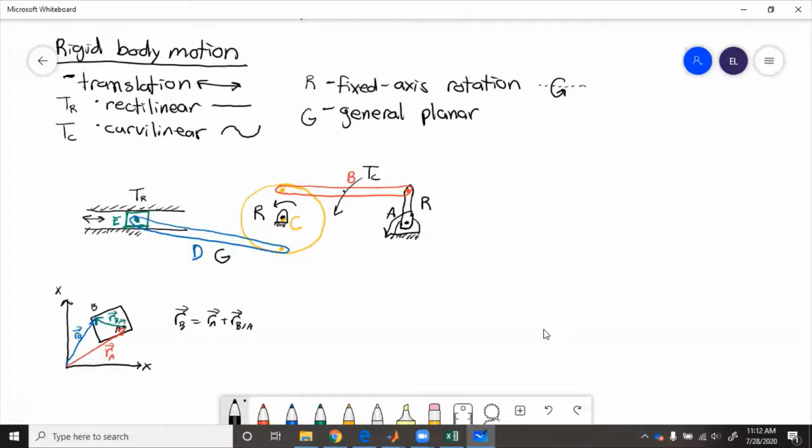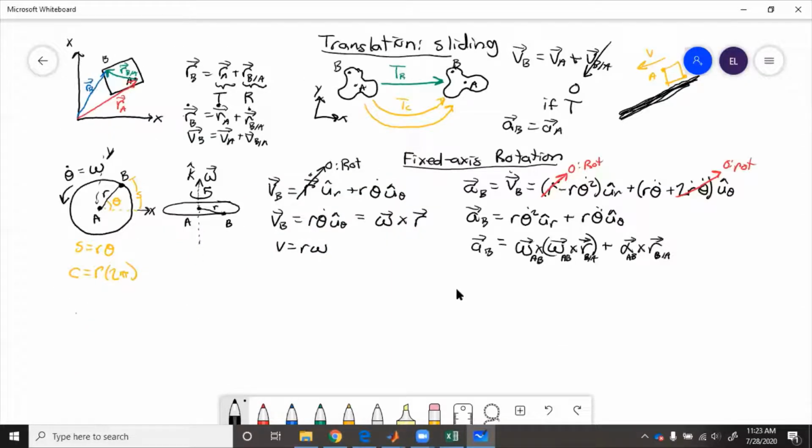So if A is moving, then B will also probably be moving. So this part is the translational. This part, how B is moving with respect to A, is the rotational. Formulas for translation.